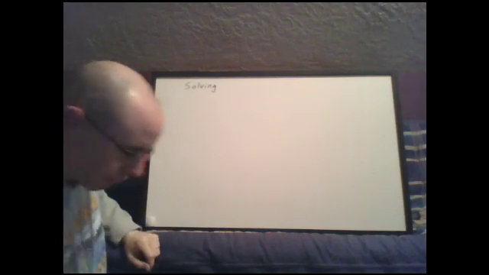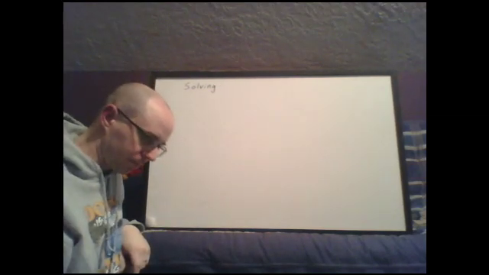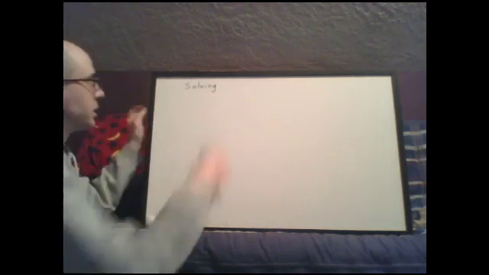Okay, so I need to be judicious about my board space here. What I want to talk about is a preliminary discussion on how to solve a linear homogeneous recurrence with constant coefficients.